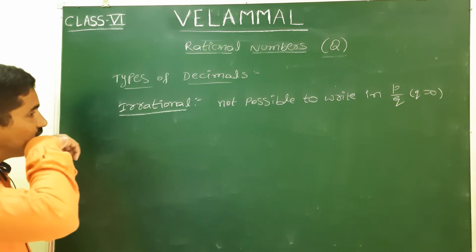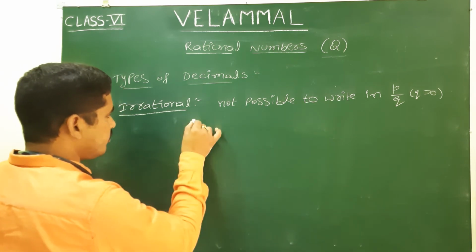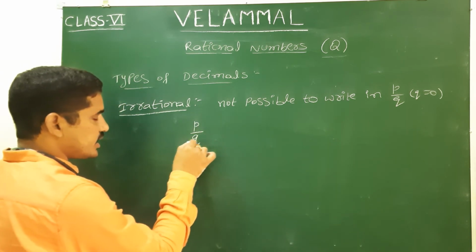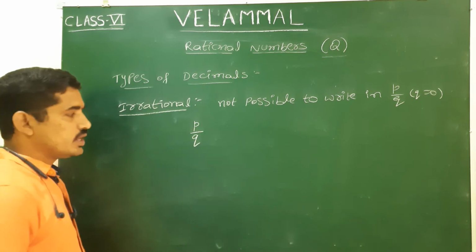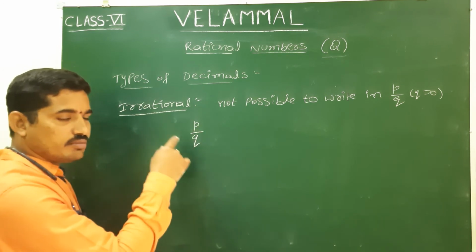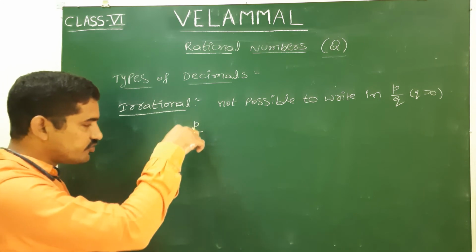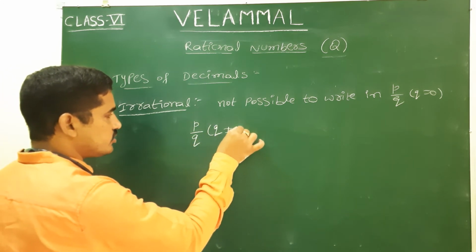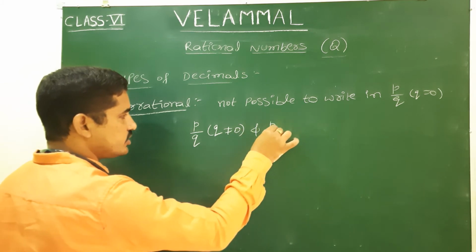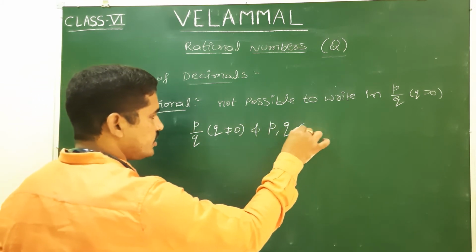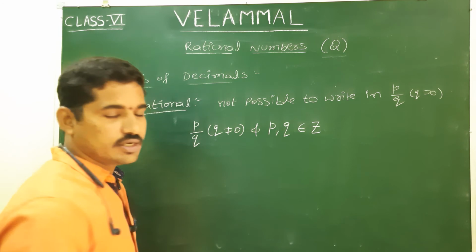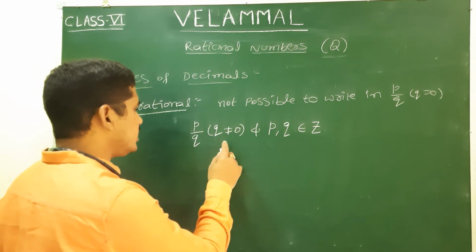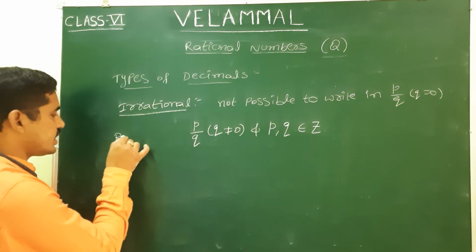See what we said about p by q when we were discussing the rational number concept: the number which is possible to write in the form of p by q, where q is not equal to 0, and the must and should condition is that p and q must belong to the integers. Then only is it called a rational number.